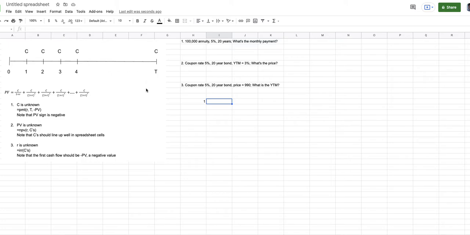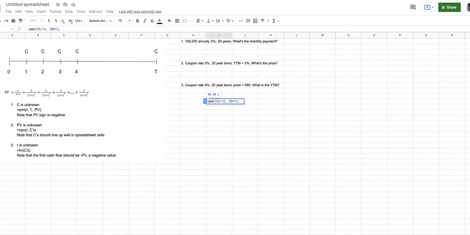You want to figure out C. The formula is very simple, using PMT, and the interest rate is 5%, but this is annual, so you need to be careful. You need to divide it by 12 to get the periodic rate, because now we are working monthly. And the period is 20 years, but again, you need to multiply by 12 to get how many months you have in the calculation.